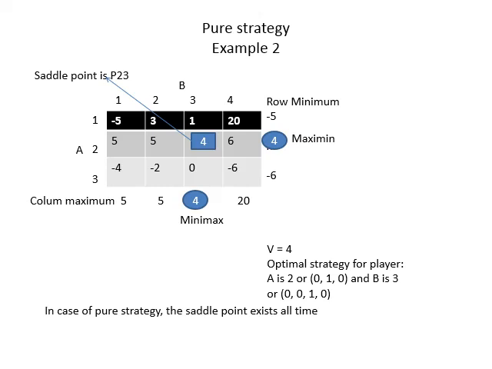Now we will start with the row minimum, to select the minimum value in each row. Row number 1, the minimum value is -5. Of course, -5 is less than 3, less than 1, and less than 20.